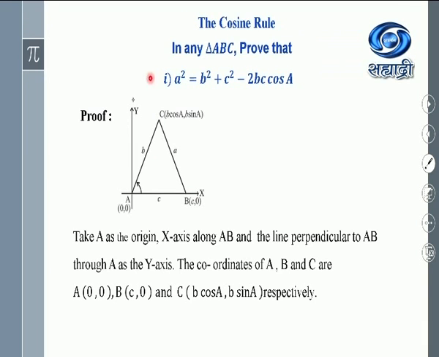Now from the geometry of the figure, as A is at the origin, the coordinates are capital A (0, 0). Right? What about the coordinates of B? These notations we already wrote. This B is on the x-axis. Therefore, its y coordinate is 0 and this length AB is equal to C. Therefore, the coordinates of B are (C, 0).